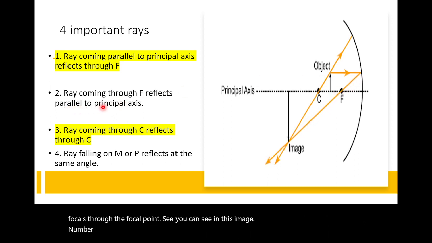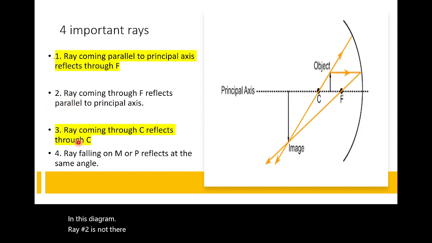Number two important ray is the ray which is coming through F. In this diagram, ray number two is not there.